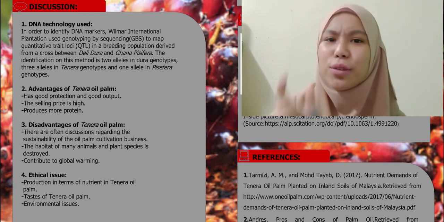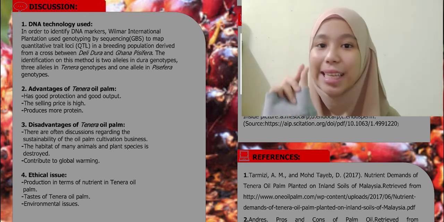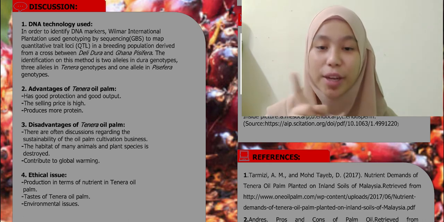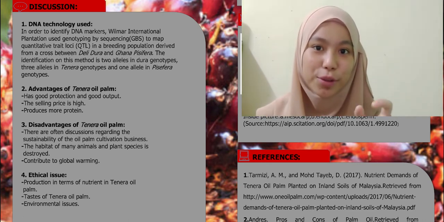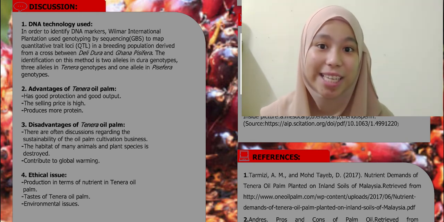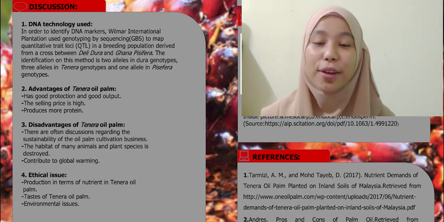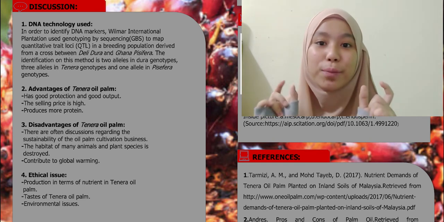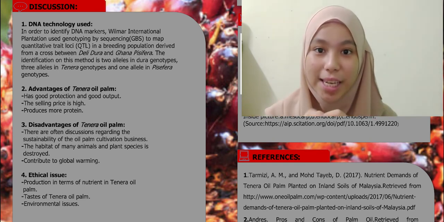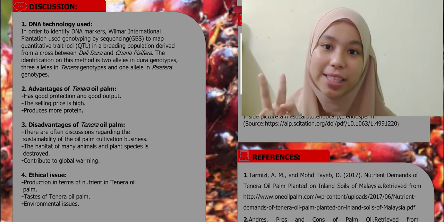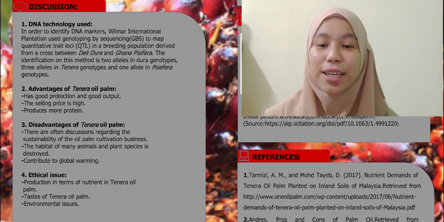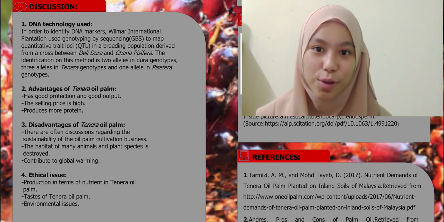We all know that Dura is an oil palm that has a thin mesocarp but has a fibering. In contrast, Piscifera has a thick mesocarp, which is where we can extract the oil, but doesn't have a fibering. So when both Dura and Piscifera are crossed and the offspring is Tenera oil palm, Tenera has both characteristics: it has a fibering and also a thick mesocarp.